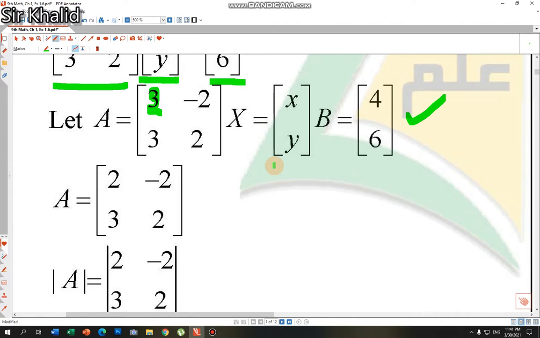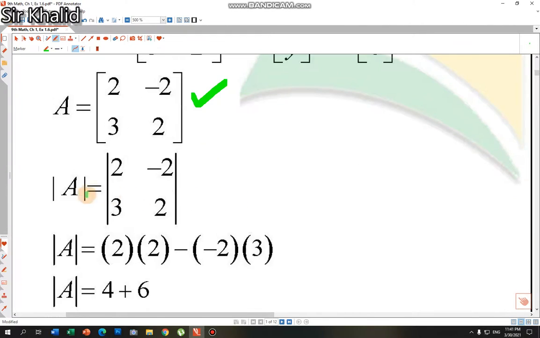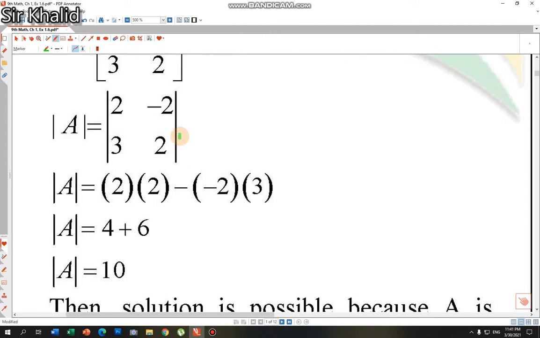First, let A be equal to this, 2, minus 2, 3, 2. Transform this into modulus form, bring the bars here to give it the form of a determinant. Now how to calculate the determinant? 2 2s are 4, 2 multiplied by 2.